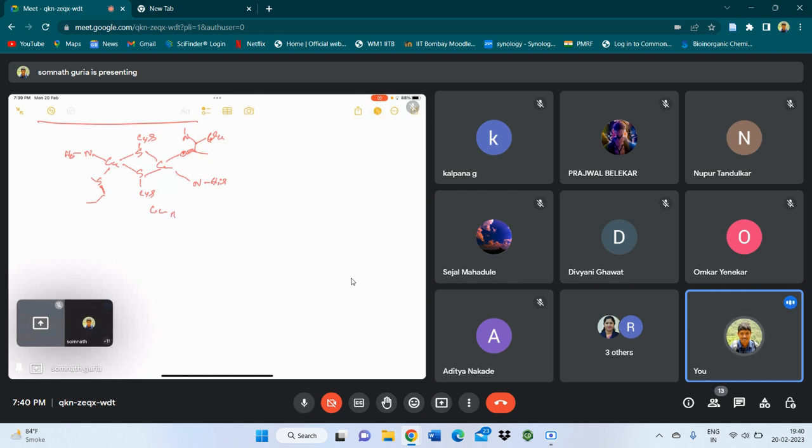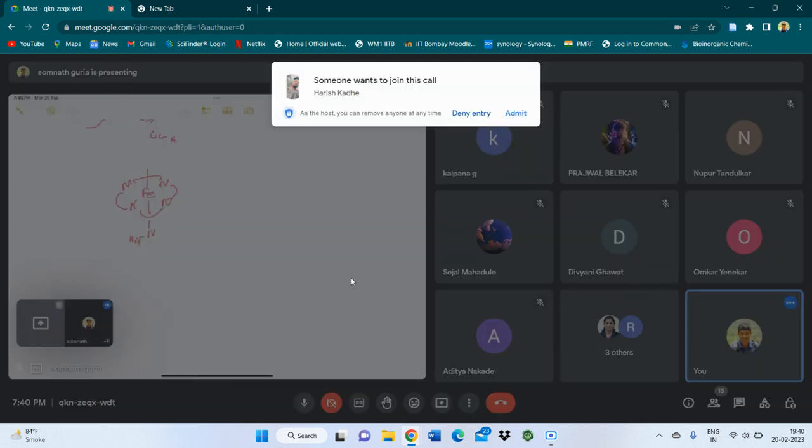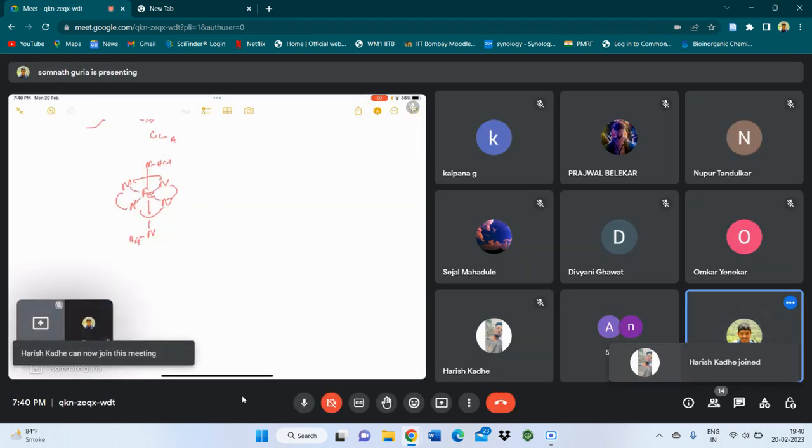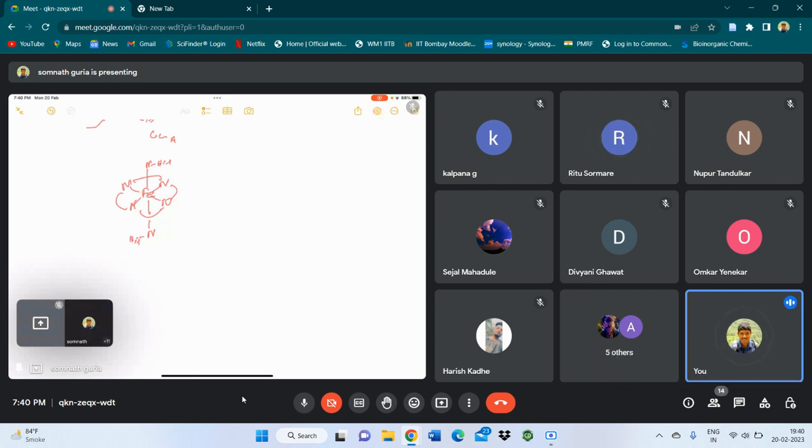One is the N histidine, another also N histidine. So heme A. This is one part of this cytochrome C oxidase.